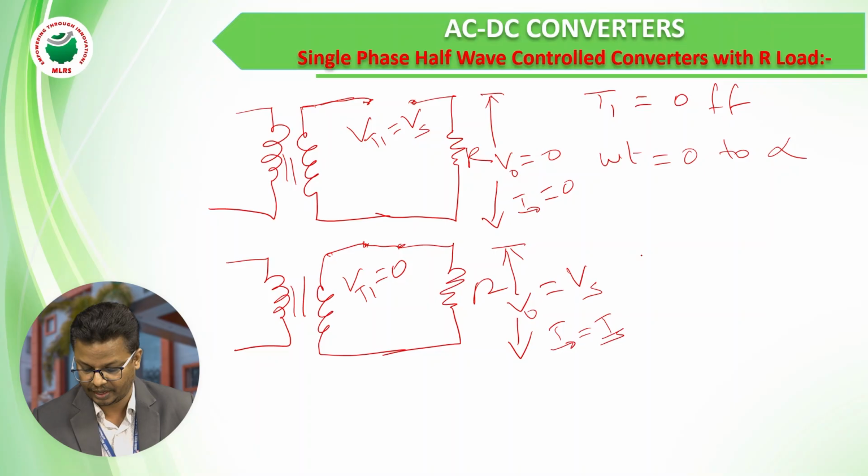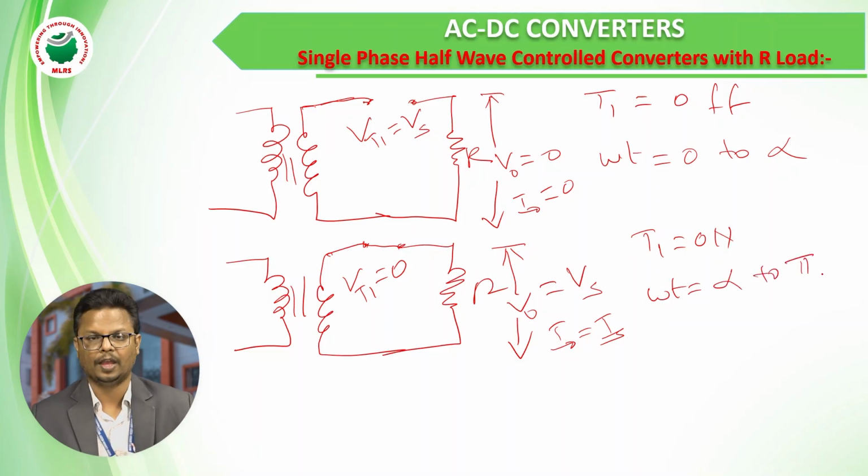The conduction period is when T1 is on, so omega t conducts from alpha to pi. Again we give the triggered pulse, then it will start conduction. So this continues as a cycle. This is the function and operation of the single phase half wave controlled converter with R load.